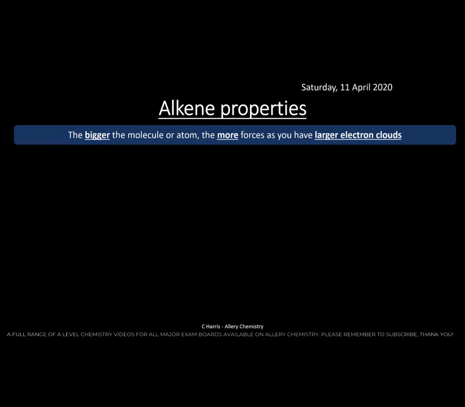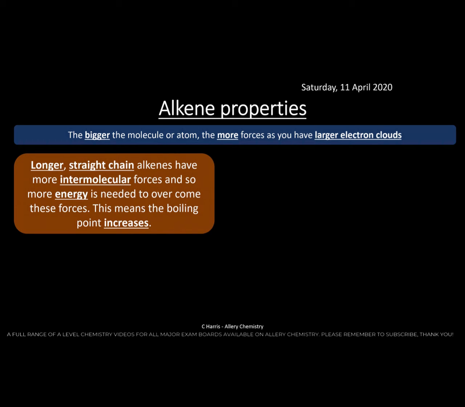Okay, so the bigger the molecule or the atom, just like with alkanes, the more forces we've got because we've got larger electron clouds. So alkenes have very similar boiling point properties to alkanes, but basically the longer straight-chain alkenes have more intermolecular forces, so more energy is needed to overcome these forces. This means that the boiling point increases as we go down, as we extend the carbon chain.